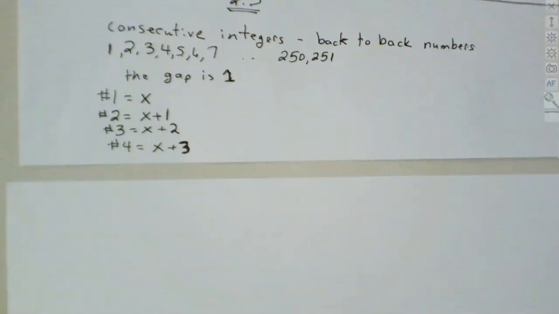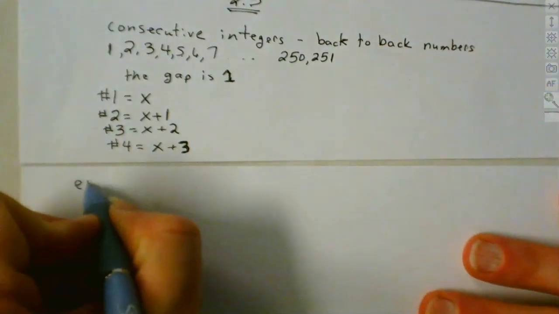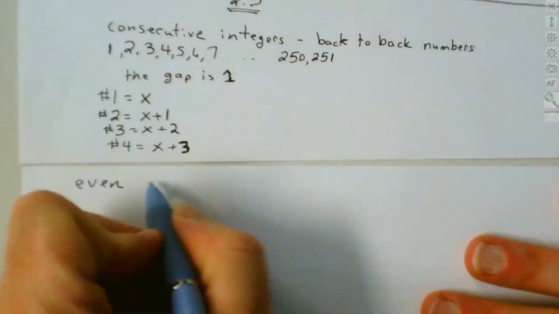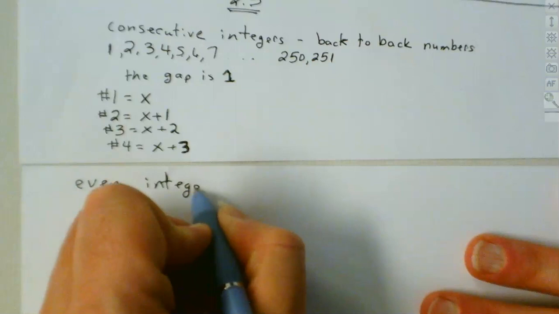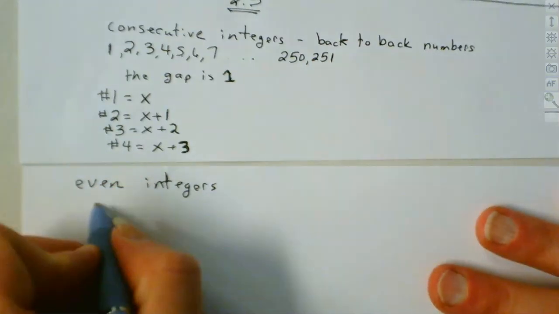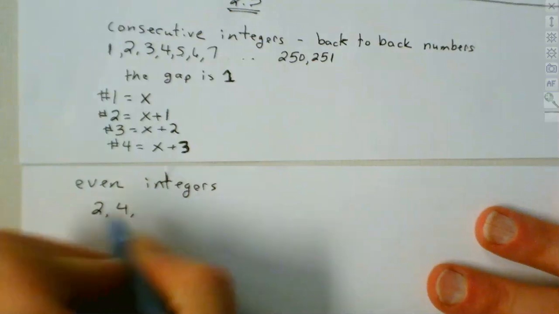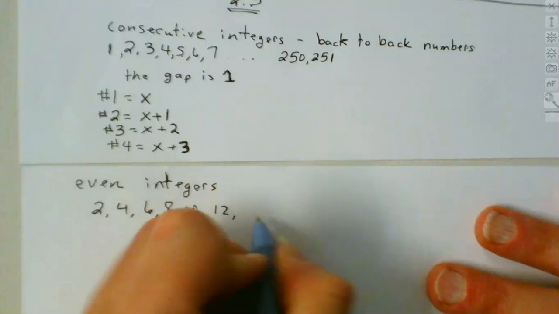Now, what about even or odd consecutive integers? Well, let's talk about even integers. And these are also consecutive. So these are even integers that are consecutive. So that would be things like 2, 4, 6, 8, 10, 12, and so on.